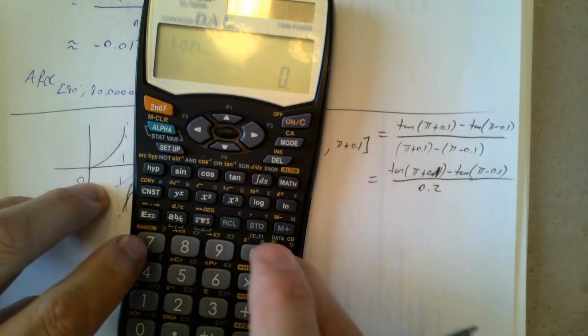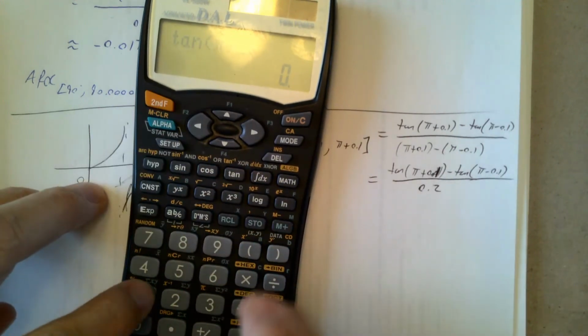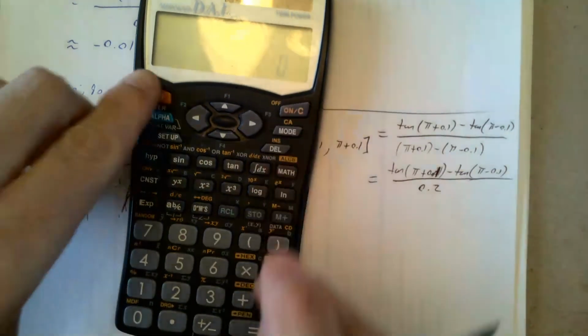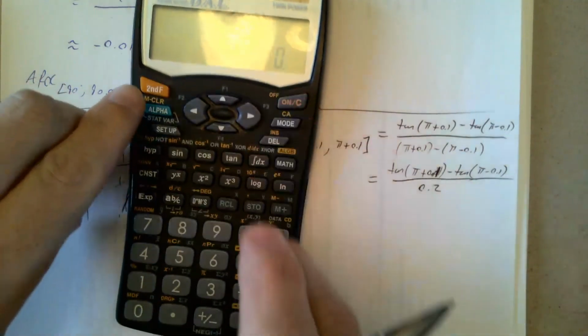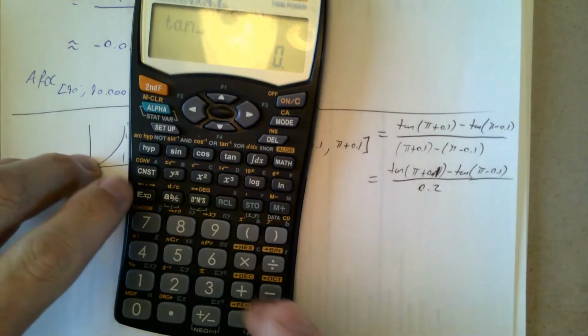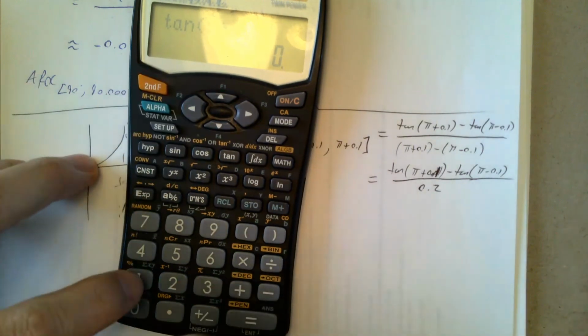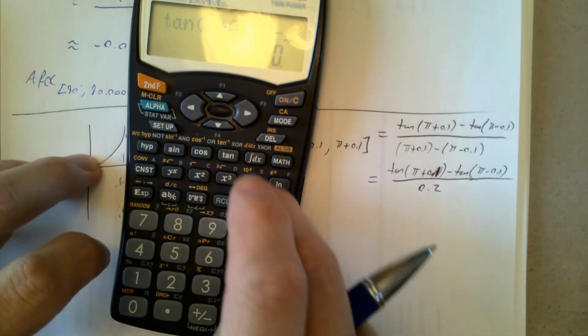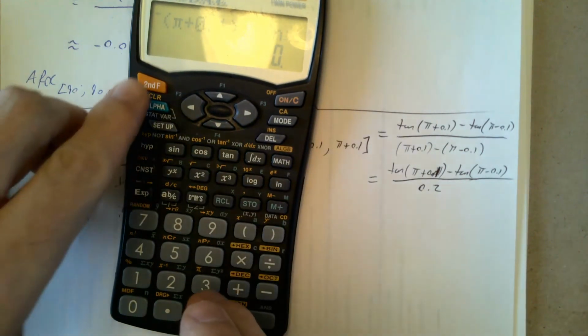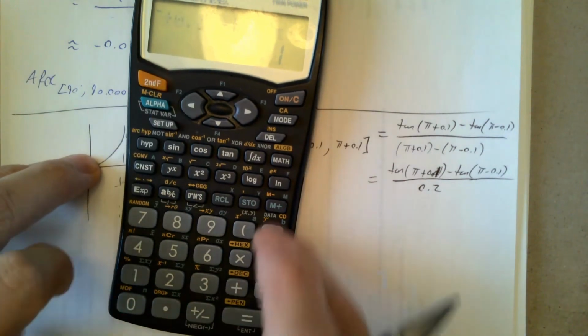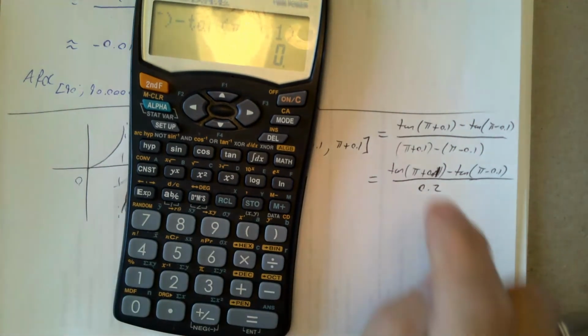Let's go tangent of pi plus 0.1. I'm in degree mode. Back to radian mode because I'm in grade 12. Tangent of pi plus 0.1, close that bracket, minus tangent of pi minus 0.1. Okay. Do not approximate pi to 3.14.